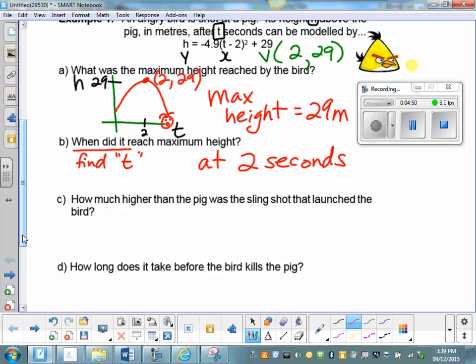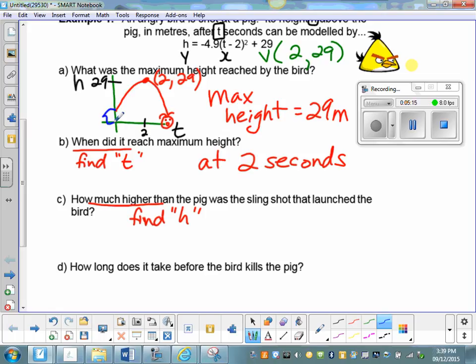So if we look at C here, how much higher, so we're talking about the height. How much higher than the pig was the slingshot that launched the bird? So we're actually trying to find that distance there.